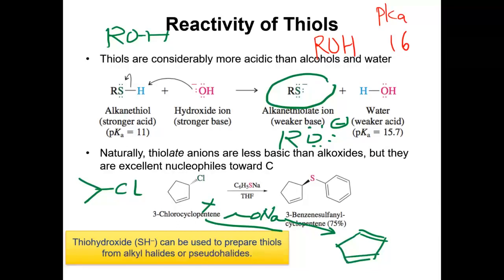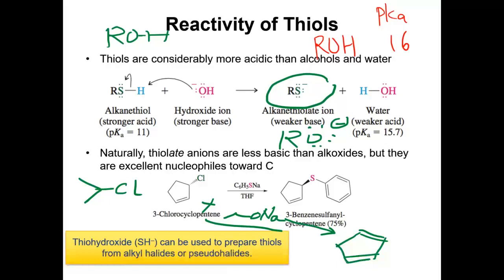But thiolates are much better nucleophiles than alkoxides. Why? We discussed in chapter 6 of organic 1, mainly because the electron pairs on the sulfur are much more polarizable than the electron pairs on the alkoxide oxygen atom.